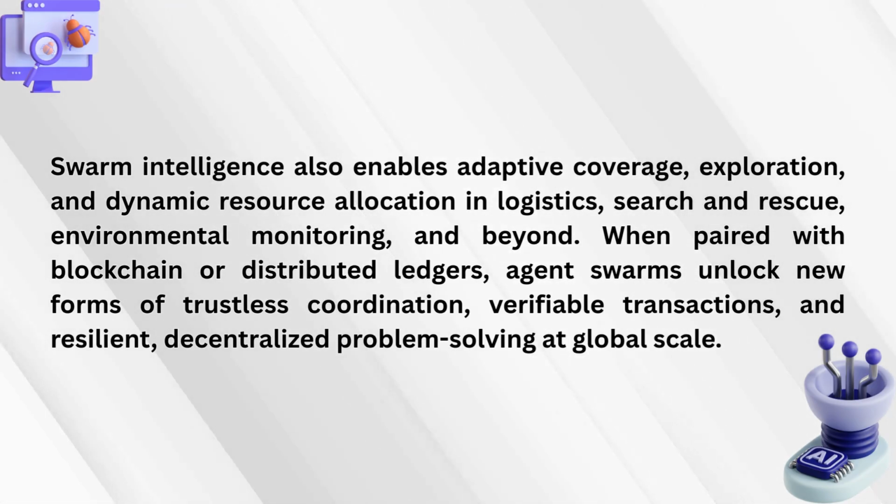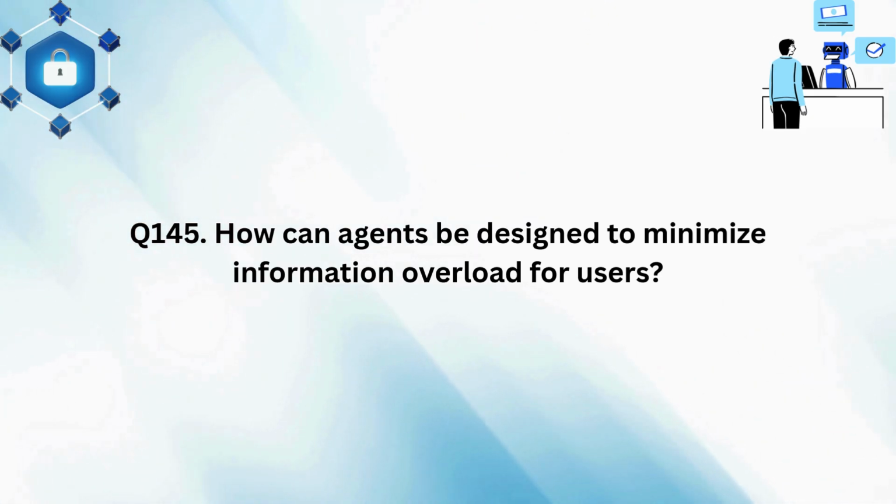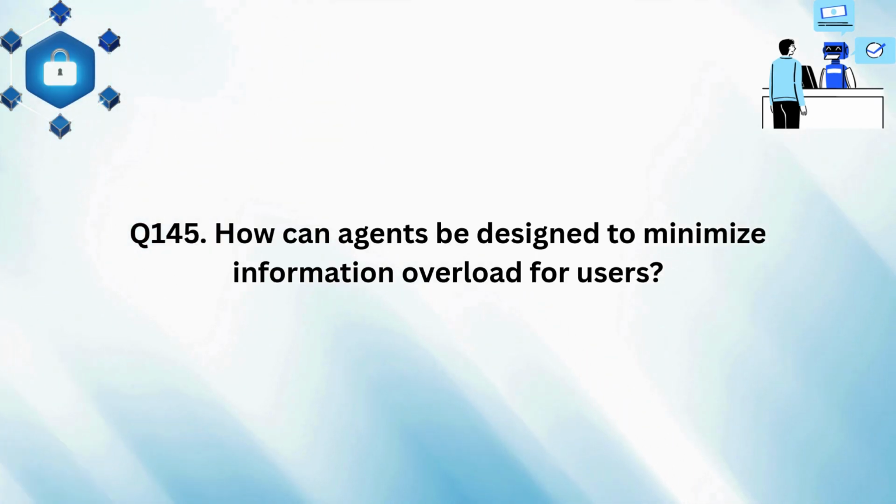Swarm intelligence also enables adaptive coverage, exploration, and dynamic resource allocation in logistics, search and rescue, environmental monitoring, and beyond. When paired with blockchain or distributed ledgers, agent swarms unlock new forms of trustless coordination, verifiable transactions, and resilient, decentralized problem-solving at global scale.